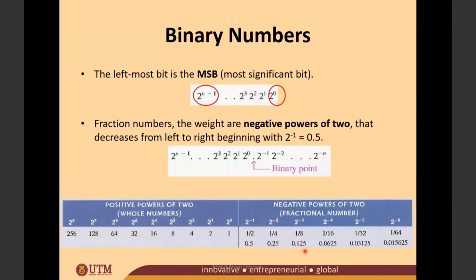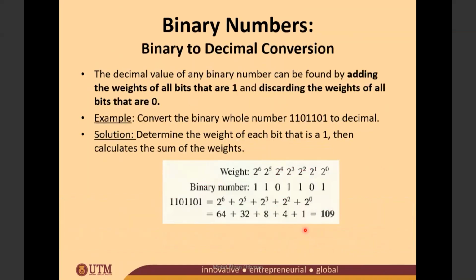So nanti later kamu kena guna yang ni untuk dapatkan dia punya value untuk tukar kepada decimal number. Okay. So now we are going to look at macam mana nak tukar binary ke nombor decimal. Okay, how to convert from binary to decimal.